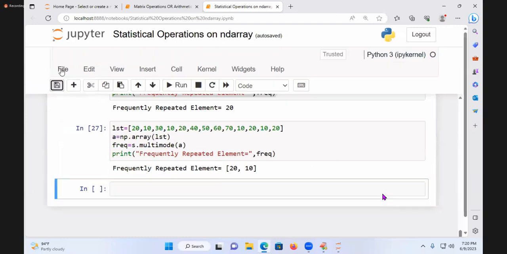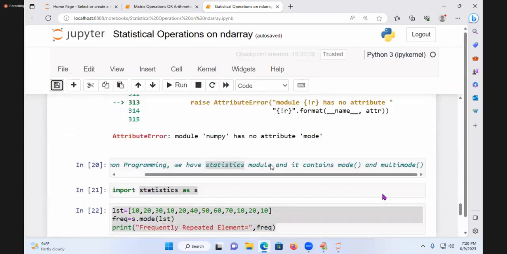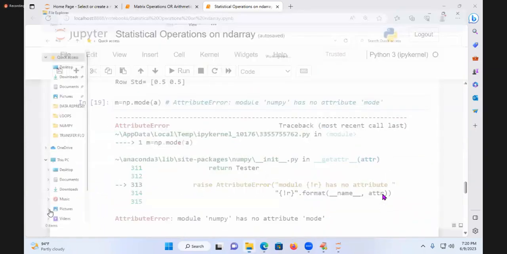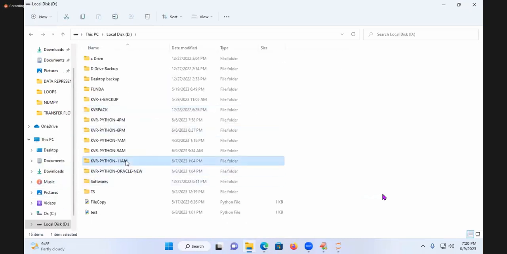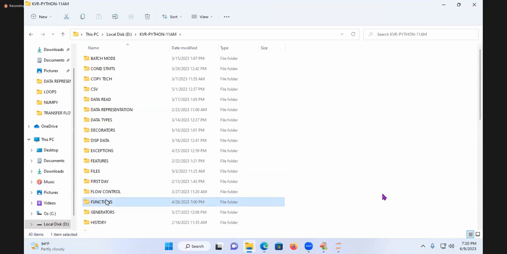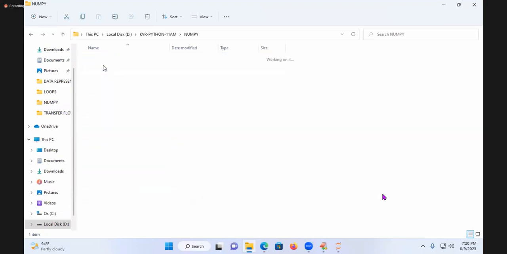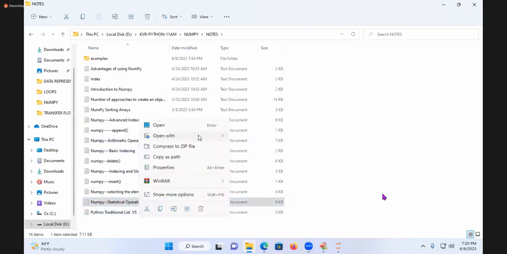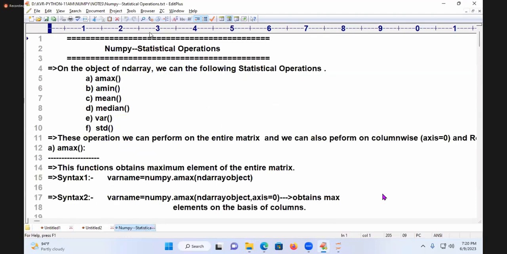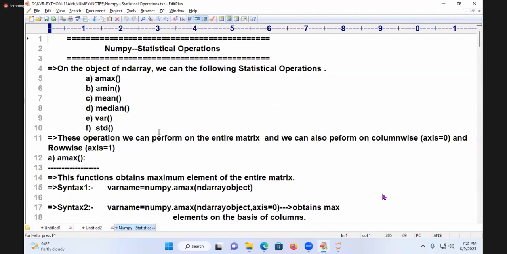This is about which operations? Statistical operations. For a minute, I'll show you the same documentation so that it will be more clear for you. If I go to NumPy here, statistical operations, it will be easier for documentation purposes. See that carefully once, everybody.